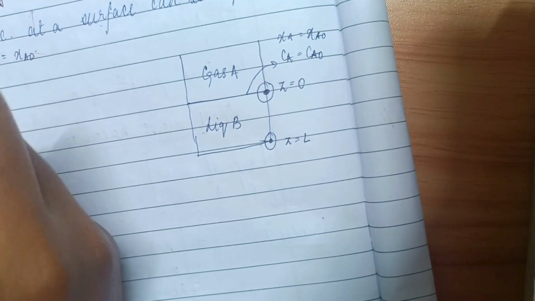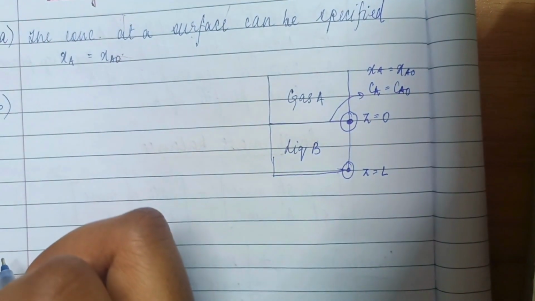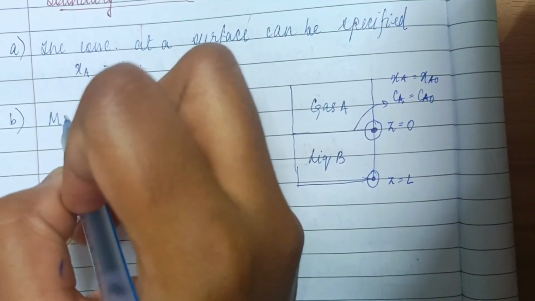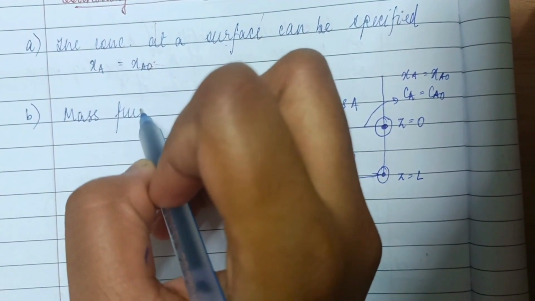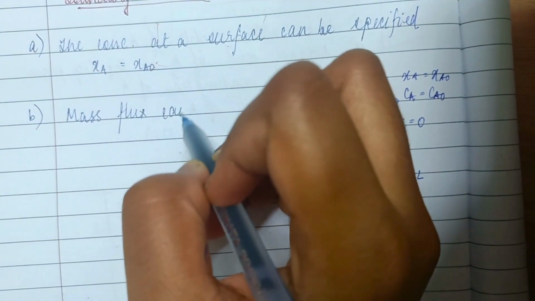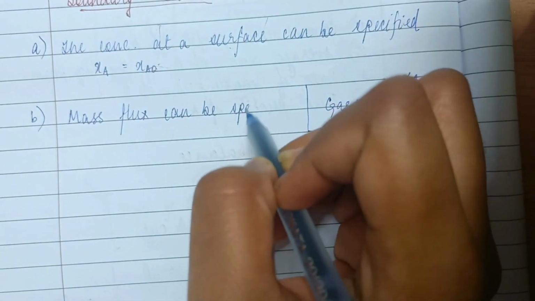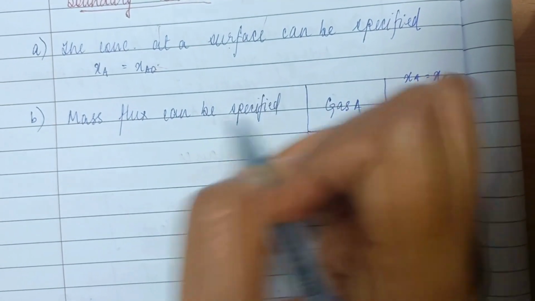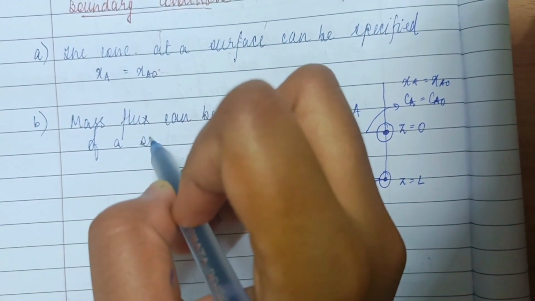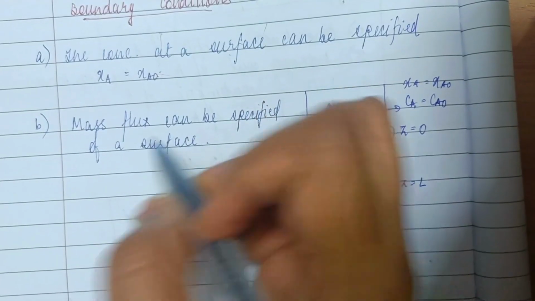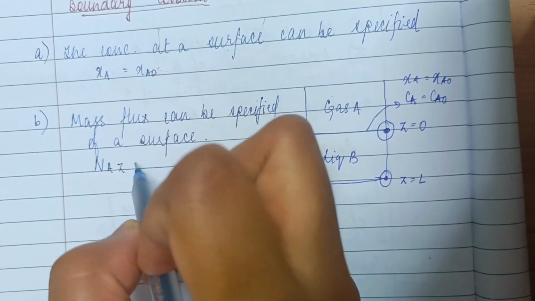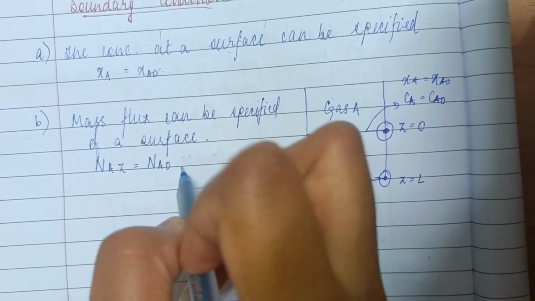The second boundary condition can be that the mass flux of A at the surface can be specified, that is NaZ is equal to Na0.